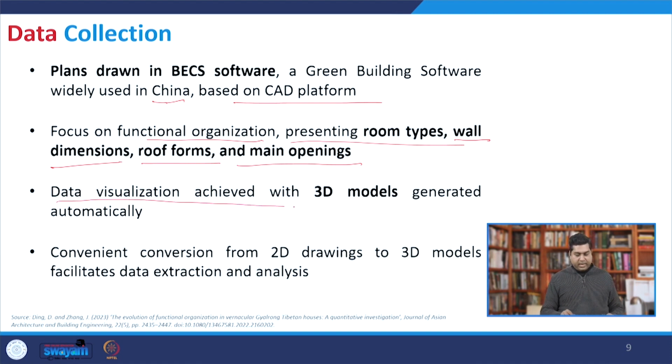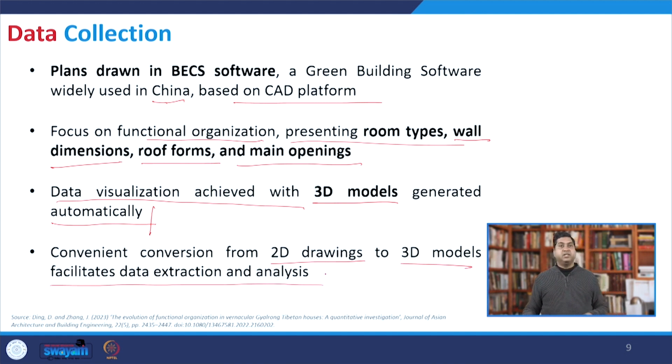Data visualization was achieved with 3D models generated automatically from this information. Convenient conversion from 2D drawing to 3D models facilitates data extraction and analysis very easily, because it is not only a plane, now you have a volume to observe.